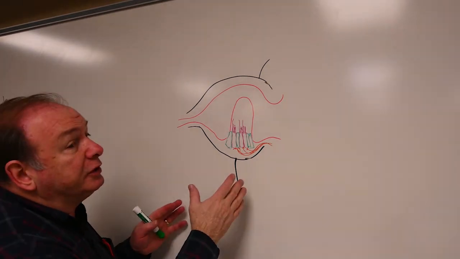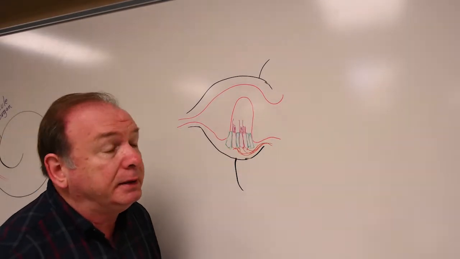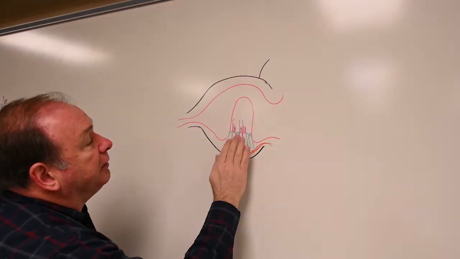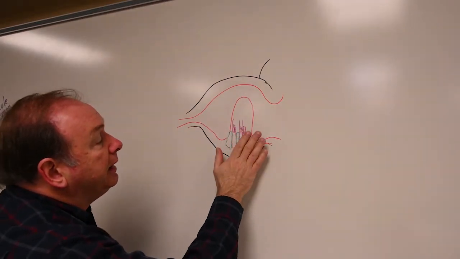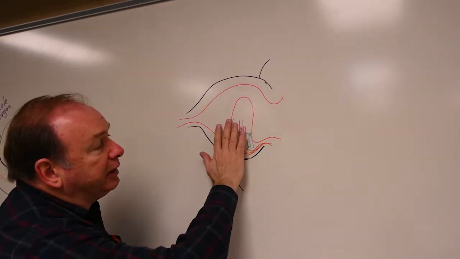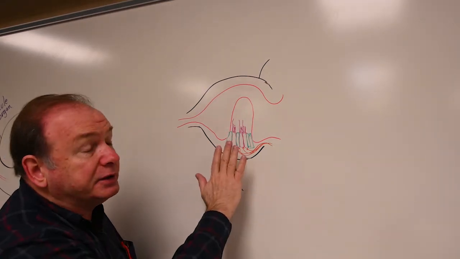So what happens here is when your body moves, we have a movement of fluid within that structure. And whenever this flap-like structure sticking up here is moved one way or the other, it's going to cause a deflection of the kinocilium and the stereocilia at the end of each of the sensory cells, the hair cells in there.